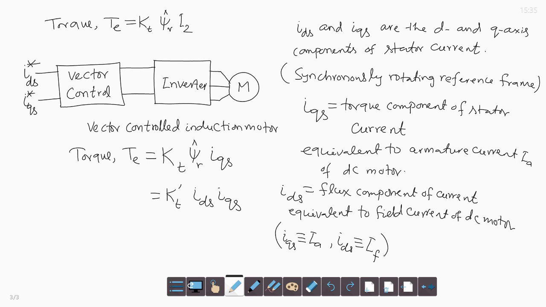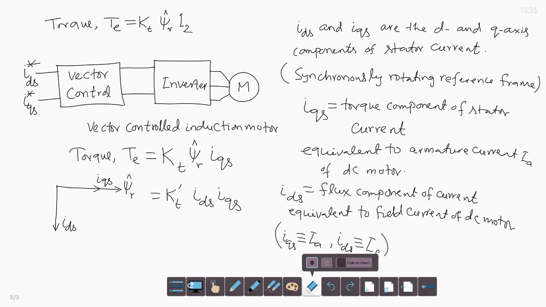So, we have here in the phasor diagram flux psi r and IDS in phase, that is the flux and flux component of the current are in phase, and they are at right angle to the torque component of the current IQS.